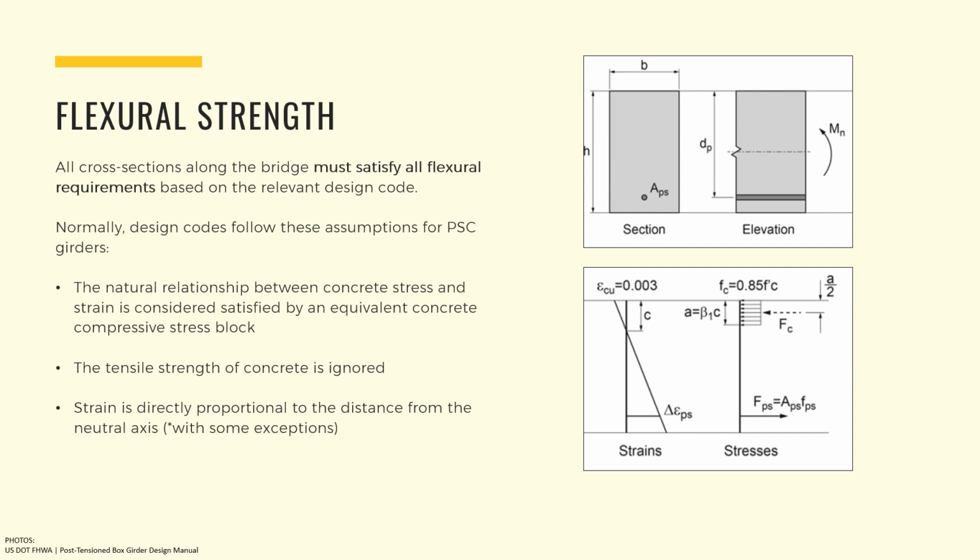Normally, design codes follow these assumptions when calculating the flexural resistance of a section. First, the natural relationship between concrete stress and strain is considered satisfied by an equivalent stress block. Next, the tensile strength of concrete is ignored. And lastly, strain is directly proportional to the distance from the neutral axis, with some exceptions.